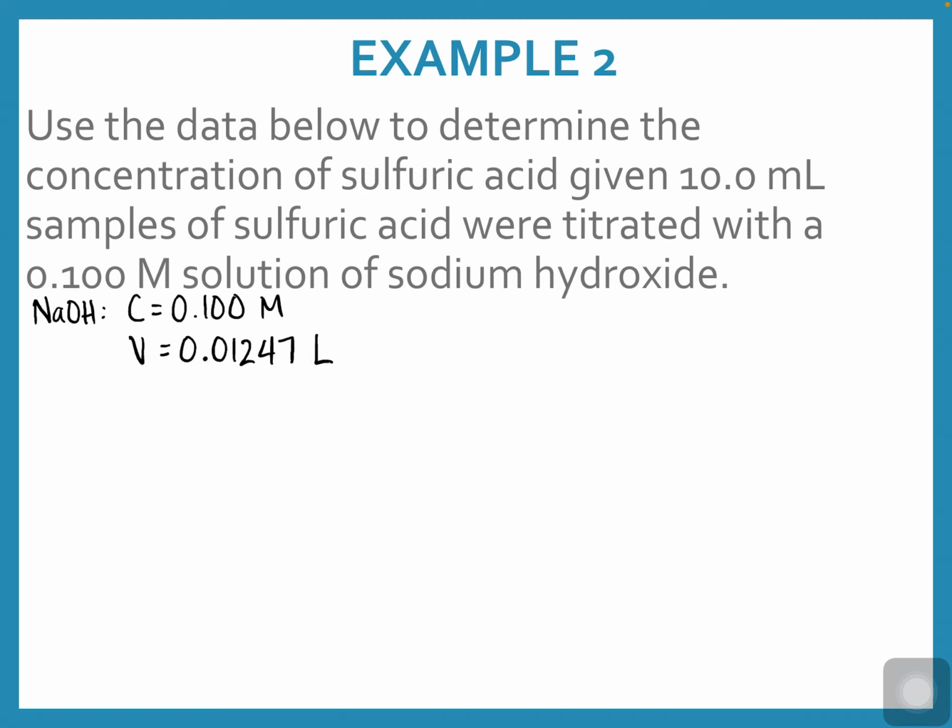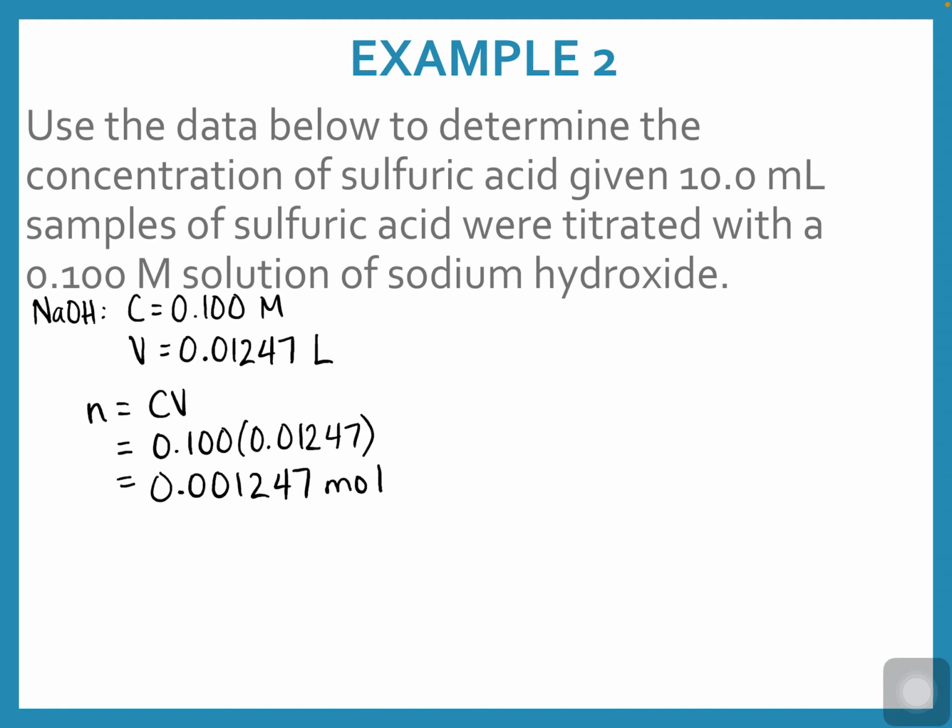So from that, I can calculate my number of moles. It's equal to concentration times volume, which is equal to that many moles. So for the acid, what I do know is my volume there was 10 mils, or 0.010 liters.